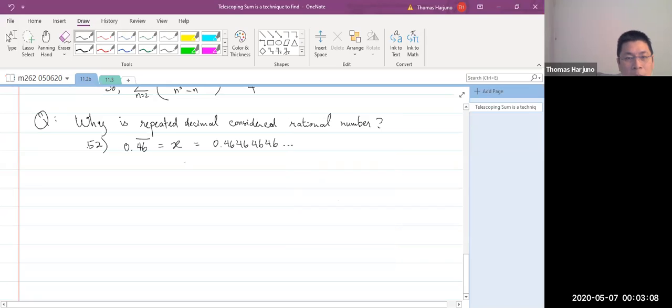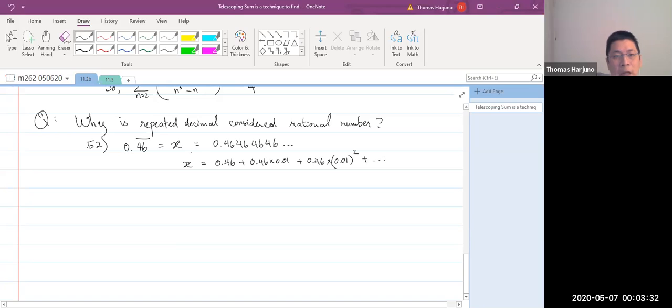Now, somebody then says, oh, you know what, Thomas, this is 0.46 plus 0.46 times 0.01 plus 0.46 times 0.01 squared all the way.